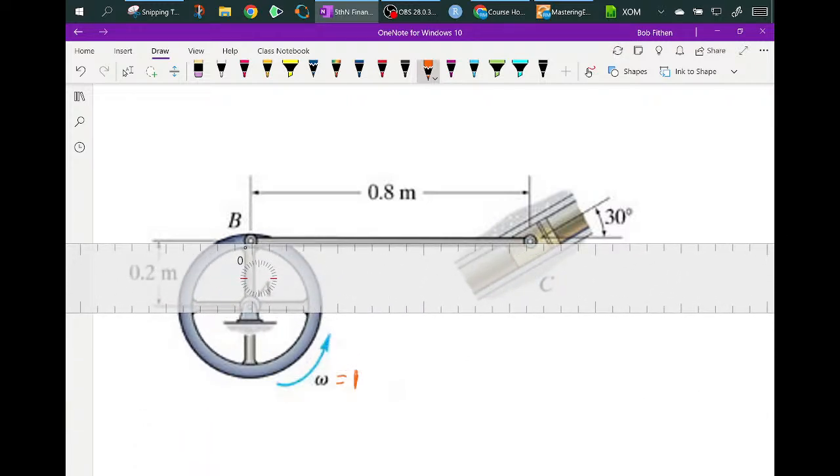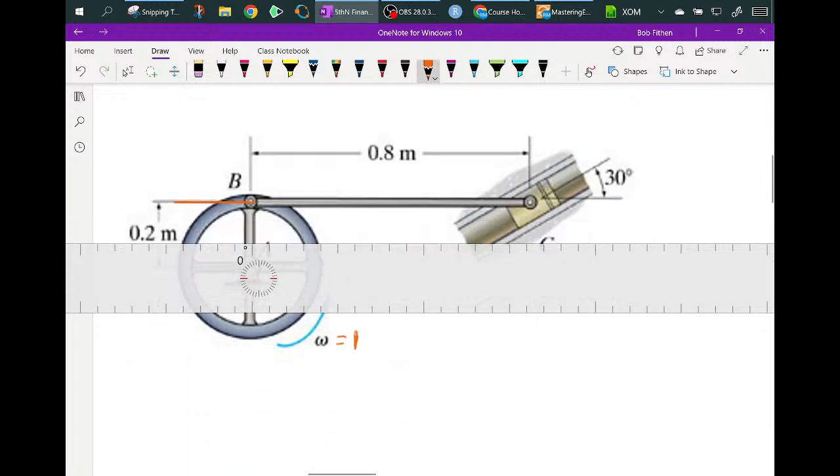That means this point is spinning or going back to your left, and its velocity there is equal to omega r, or 1 times that 0.2, or 0.2.